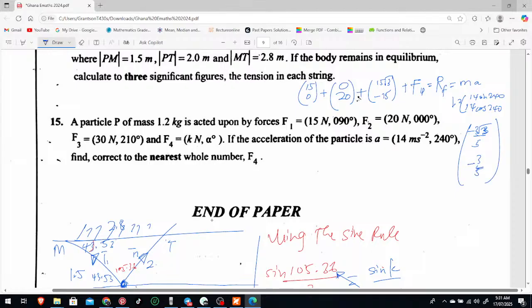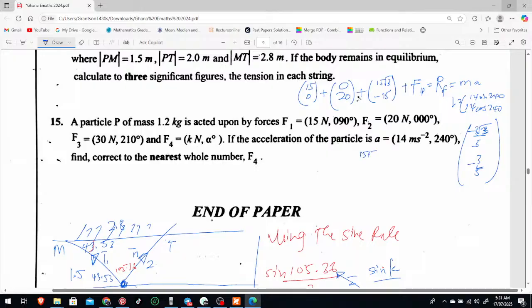Now this is our resultant force, which is MA. Now what is F4? F4 will be equal to everything here, this minus everything there. Now when you add the top, what will you get? Hello, when we add the top, what are we getting? So I have 15 plus 15 root 3, which is 40.987.